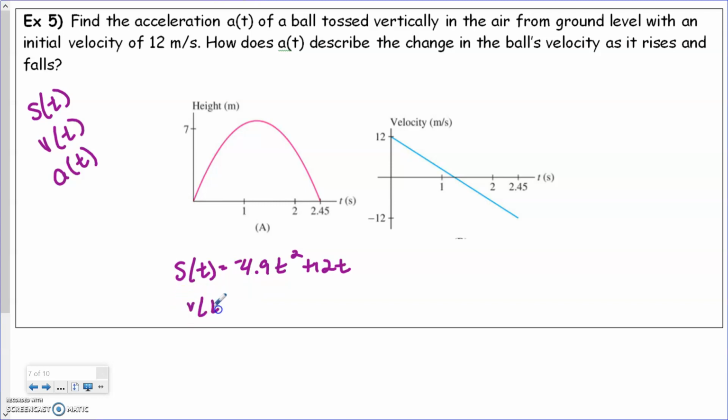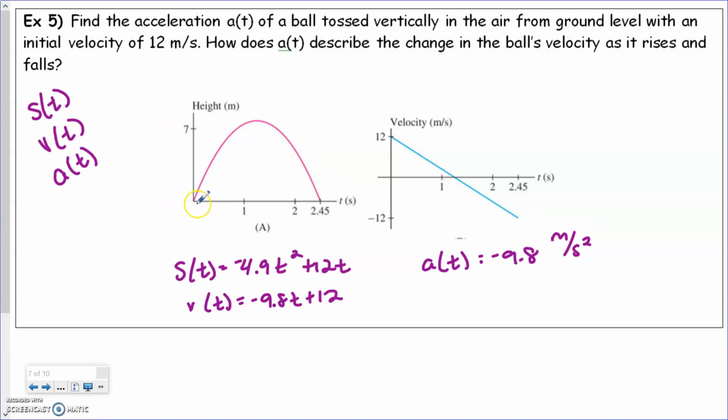If we take the derivative, we get our velocity, so we get negative 9.8 t plus 12. And then if we take the derivative again, we get negative 9.8. So what we found is the acceleration is negative 9.8 meters per second squared.